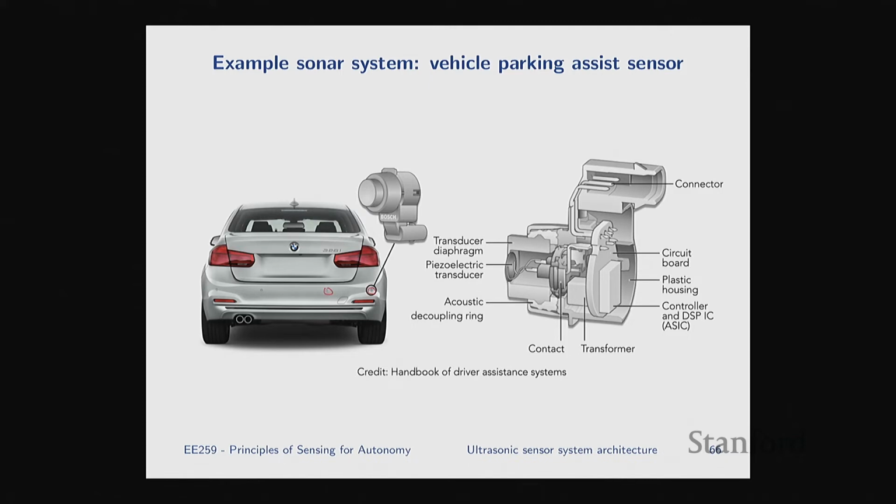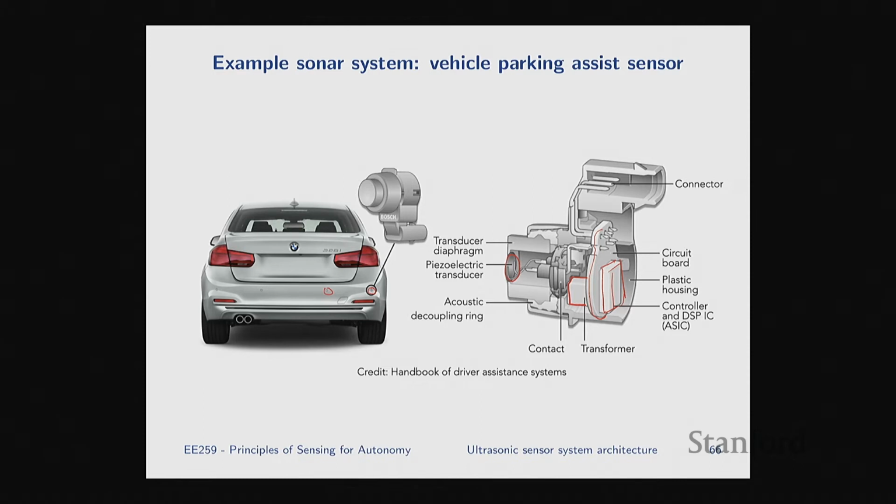And if you take one of them out and look inside it, now we fully understand at a system level what's what. So typically those have a piezoelectric transducer, which is connected to some PCB here. And then on the PCB, you have a transformer to generate the high voltages. And then you have a silicon chip with all the electronics. And the electronics basically is everything we showed in the block diagram.